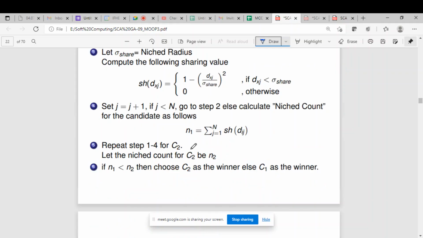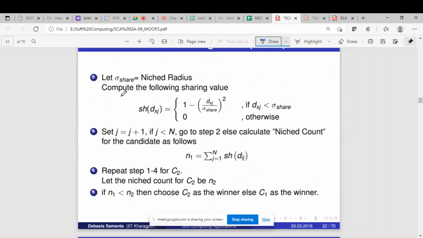Once that is done, we calculate sh of dxj. To calculate this sh of dxj, you have to identify some value for the niche radius, called sigma share. Again, this is the programmer's choice. The programmer should choose this value.